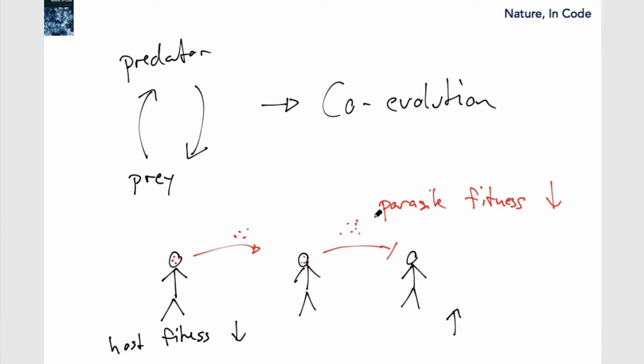So this is another example where you can clearly see that the interests of two species are exactly opposed. The parasite would like to infect the host, but the host would like to not get infected. And when I say like, it's meant in a sense that is very common when you talk about evolution. No one likes anything or wants anything.